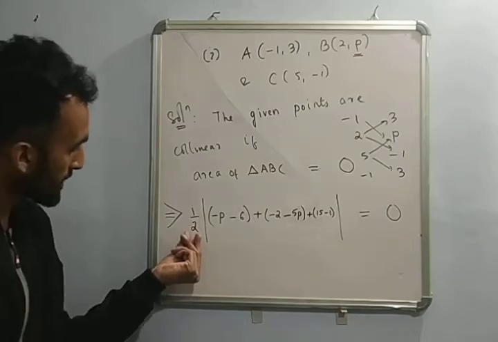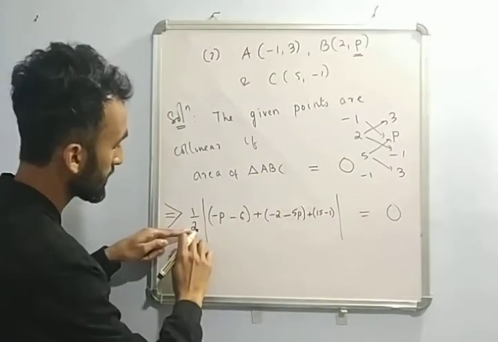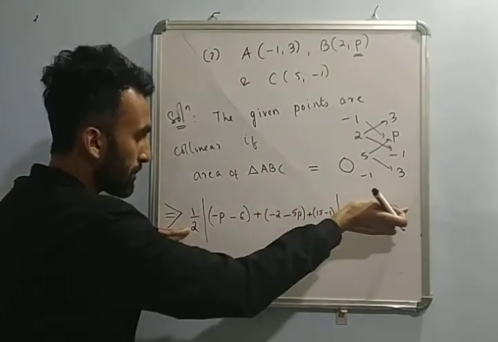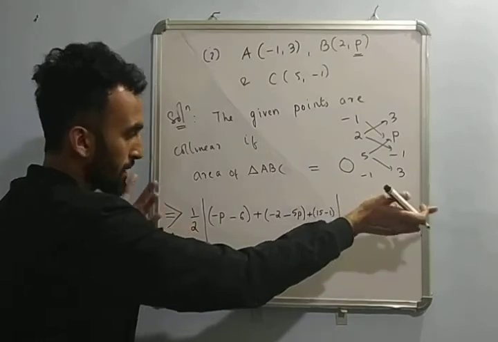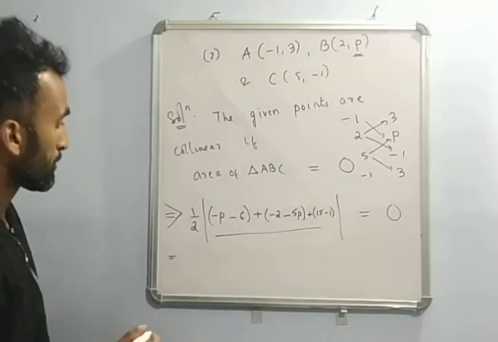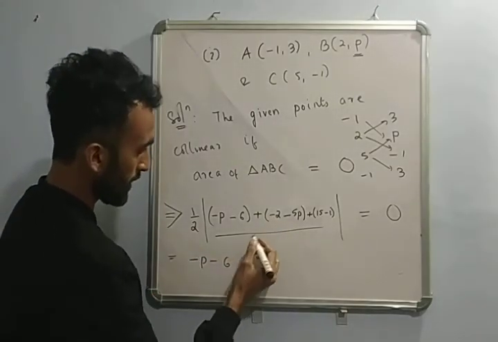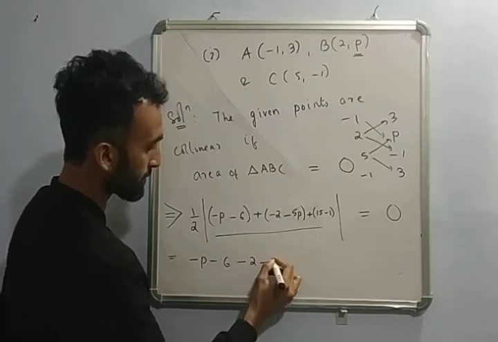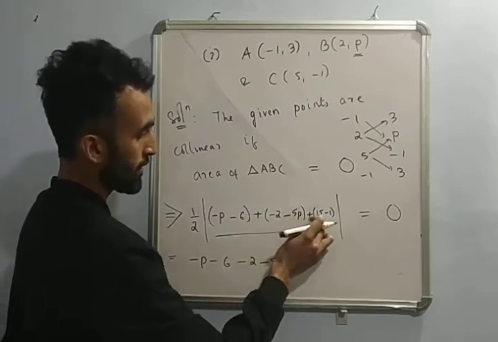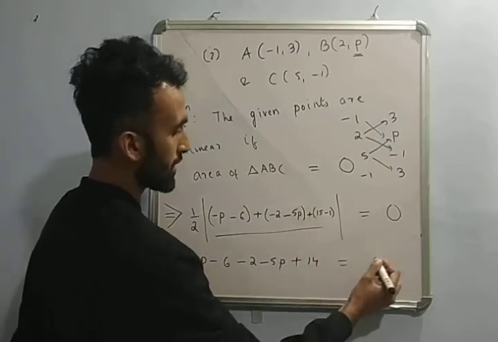There is a half here, this half I can cross because I have to use right hand side. As these are multiplied, this half will go up, this 2 will go up here and multiply with 0, it will become 0. So we are interested only in the inside part now. Now minus P minus 6 as it is. Now this is also minus 2 minus 5P, and plus 14 here because 15 minus 1 is 14, equal to 0.